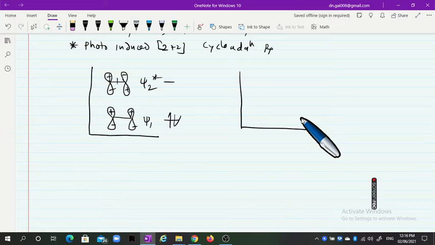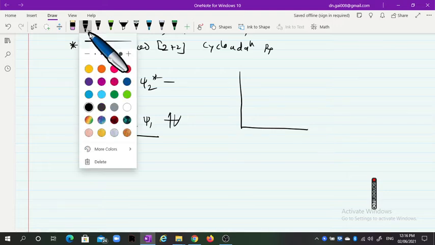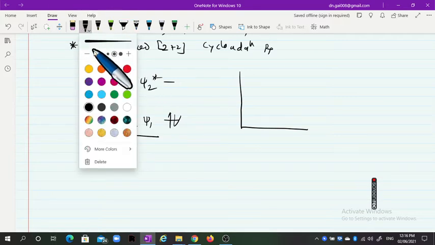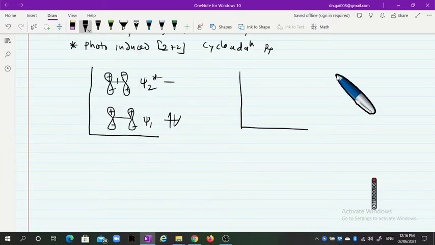First that is our orbital, then the second orbital.